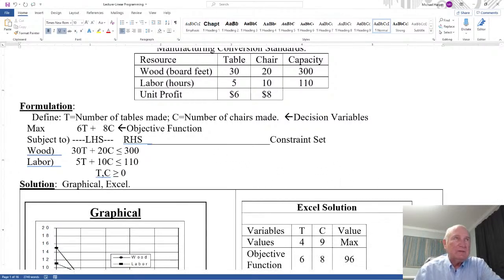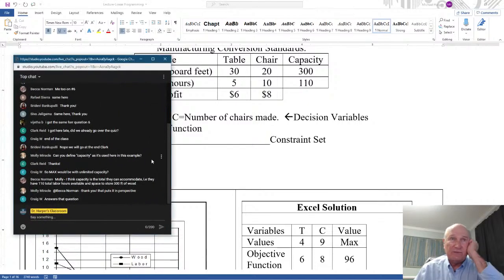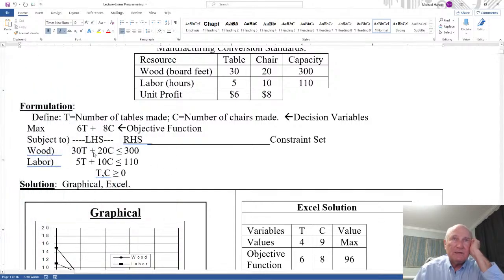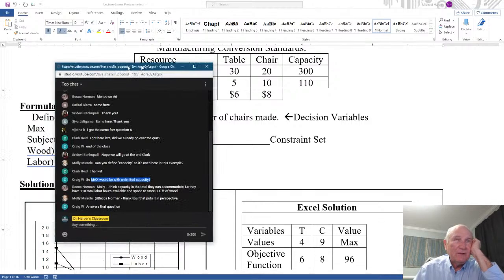Now let me come to some of these questions and see if I've answered all of them. Capacity. So max would be with unlimited capacity. Well, max would be infinite with no capacity, but with capacity, then you'll have a finite solution. Craig, who's asking this?